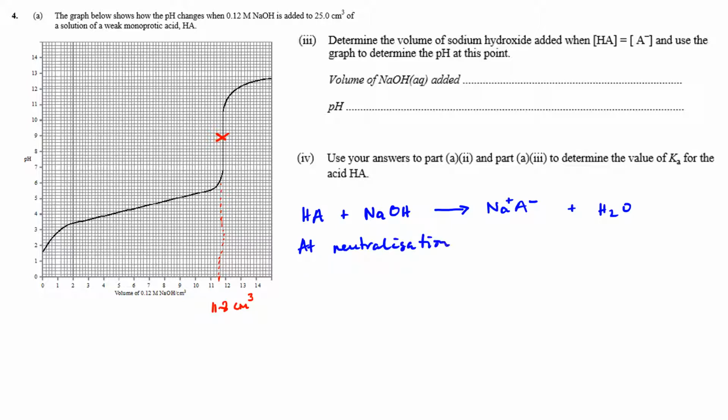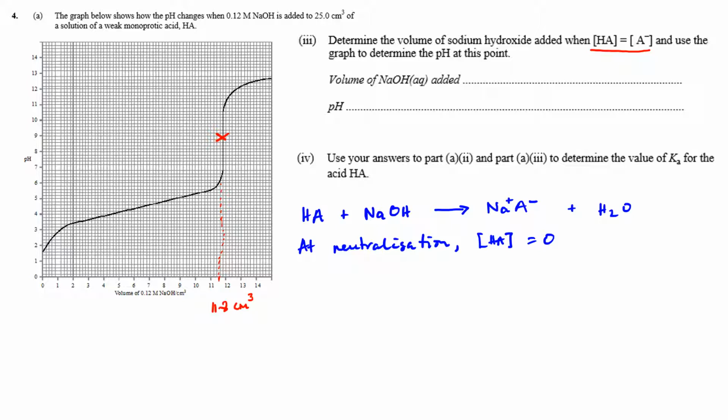At neutralization, when you've added your 11.8 cm cubed of sodium hydroxide, there's no acid left. It's all reacted with the sodium hydroxide. So we can say that the concentration of HA is 0. What we're not talking about is neutralization.